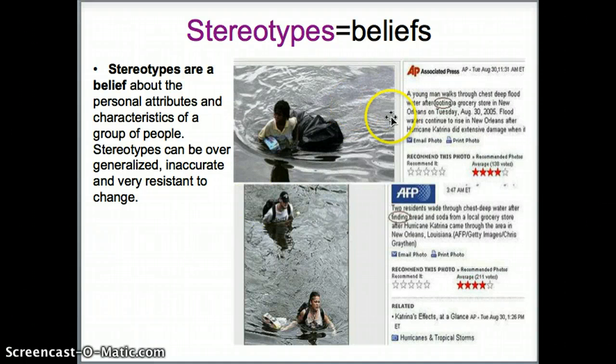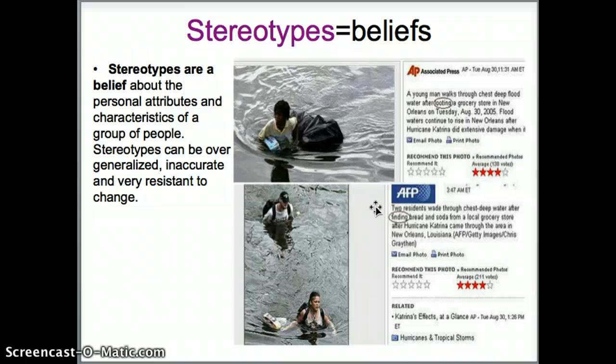And you'll see that the way the young man is described is, a young man walks through chest-deep floodwater after looting a grocery store. However, if you look at the bottom picture, the very same event was happening with two people who happened to be Caucasian. Right after the storm, they were going looking for food, but it was described as two residents wade through chest-deep water after finding bread and soda from a local grocery store.